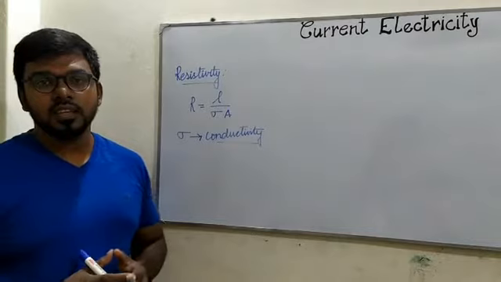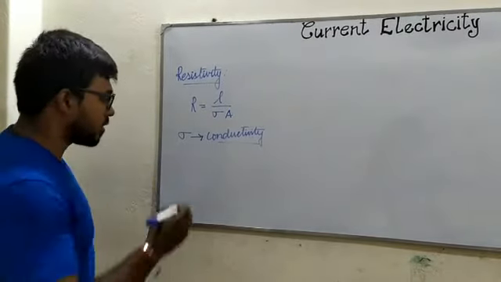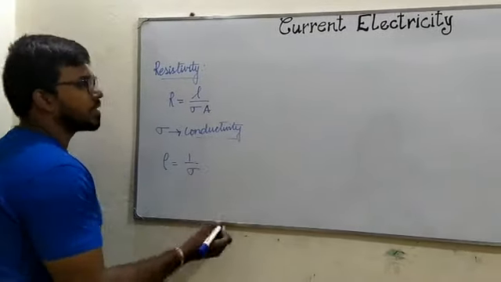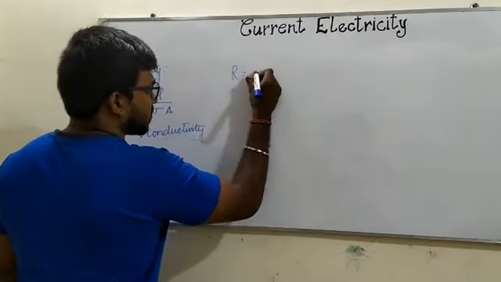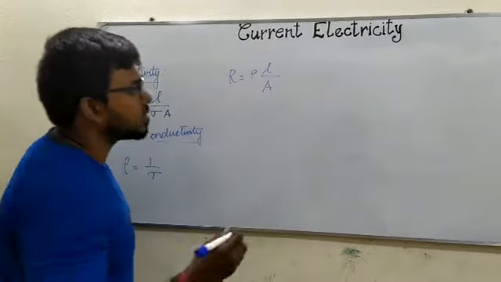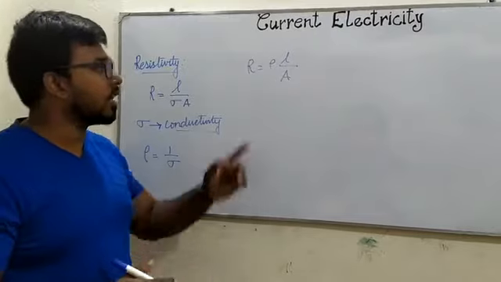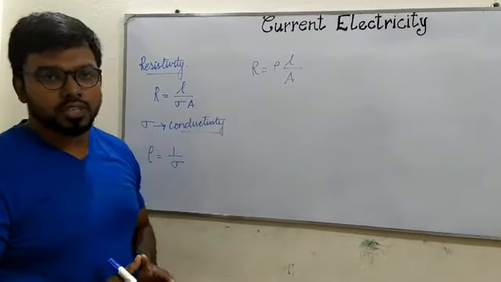The resistivity is the reciprocal of the conductivity. So we can write rho is equal to 1 by sigma, such that resistance is equal to rho L by A. The resistance of a material is directly proportional to the length of the conductor and inversely proportional to the area of cross section.